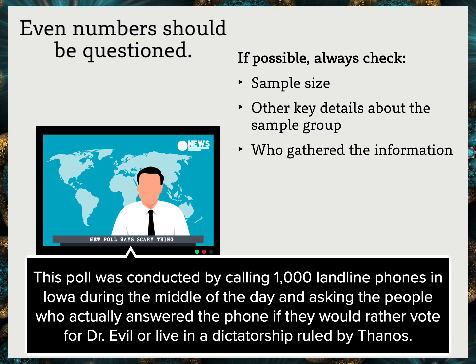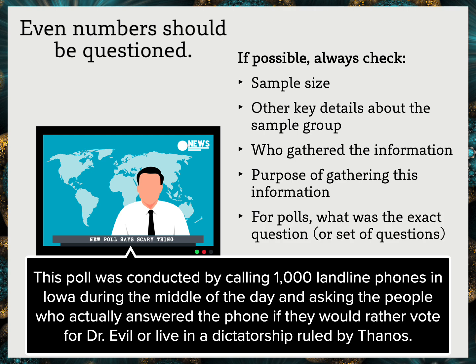You have to think about who gathered the information. So if the Society to Elect Dr. Evil is the one carrying out the poll, well, they might have had a little bit of bias. They might have asked questions in a way that would prejudice the results. You have to think about the purpose of gathering this information. Is this a poll that exists mainly to scare people?